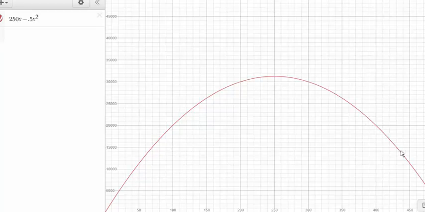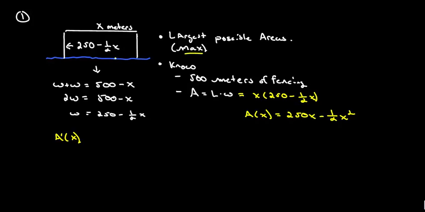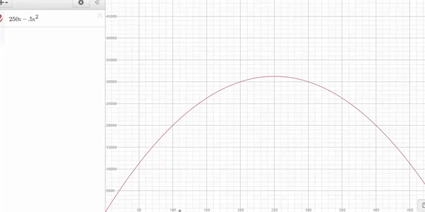Now we've got our curve set in here. What I want you to look at is, along this curve, each of these points is a different x value. So if x was 100, meaning if this length right here was 100, regardless of what this length is, at 100 we have 20,000 meters squared.